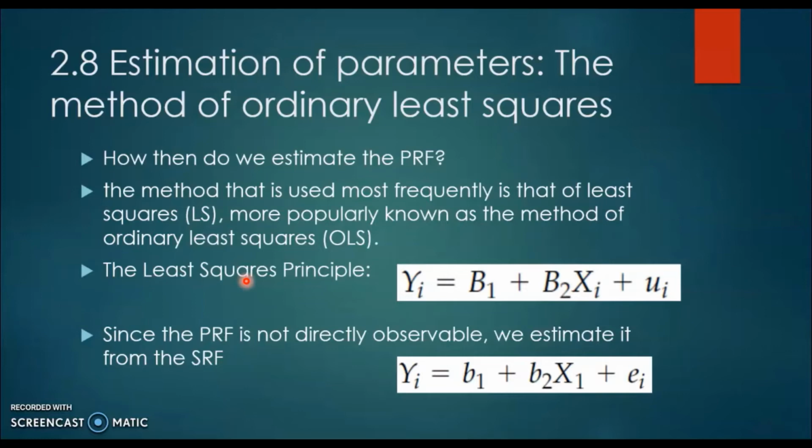Well, the most frequently used method is the least squares, popularly known as the method of ordinary least squares, or OLS. So how do we construct this least squares method? We actually construct it by following the least squares principle.